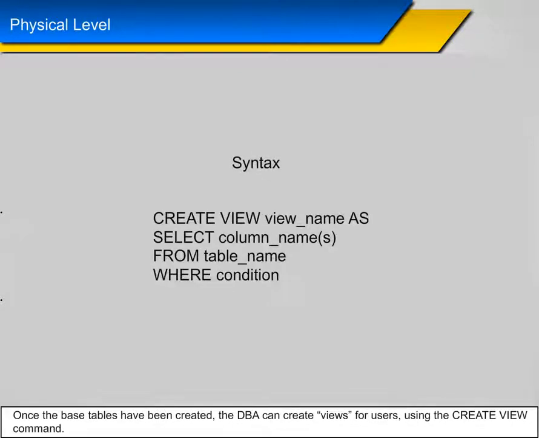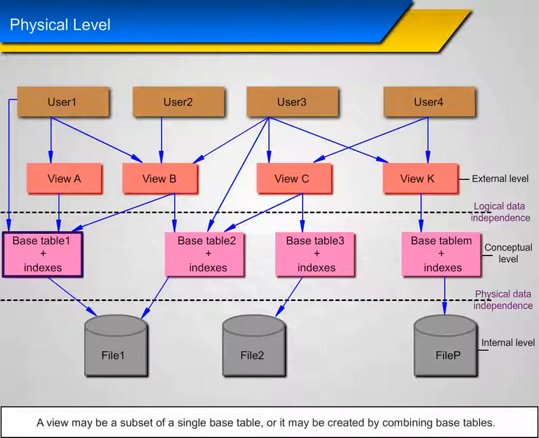Once the base tables have been created, the DBA can create views for users using the create view command. A view may be a subset of a single base table, or it may be created by combining base tables.